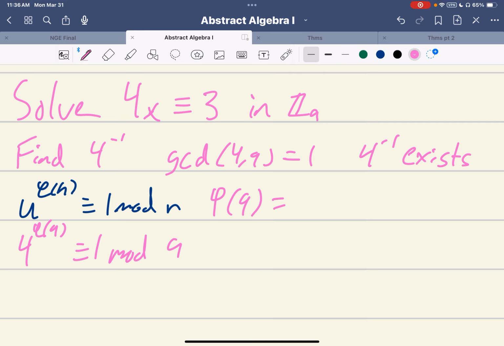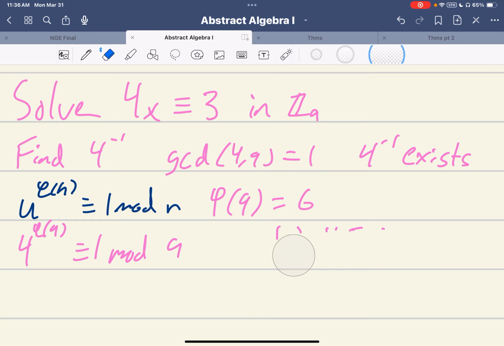So that's going to equal, let's see, 3, 6, and 0 all divide, all are factors, so those won't count. So we should get 6, because that'll be 1, 2, 4, 5, 7, 8.